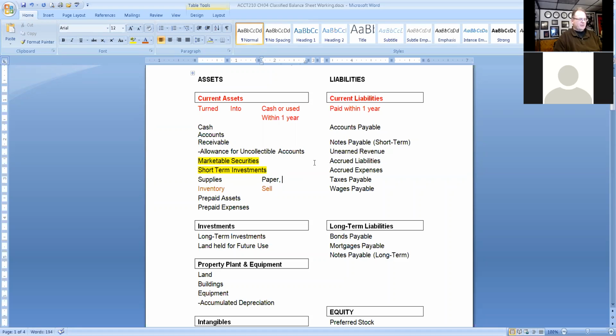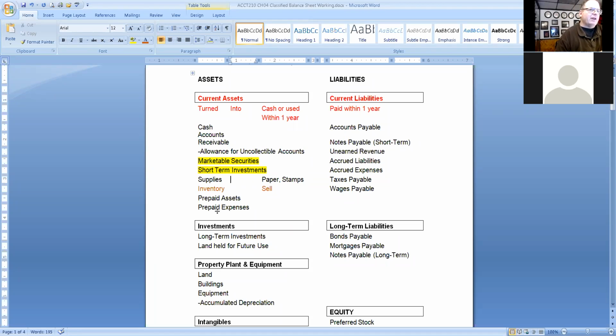Stamps, that kind of thing. Those are the things that use supplies. Whereas inventory is for resale, and usually if you're selling stuff for a living, a store, the largest current asset is going to be inventory.